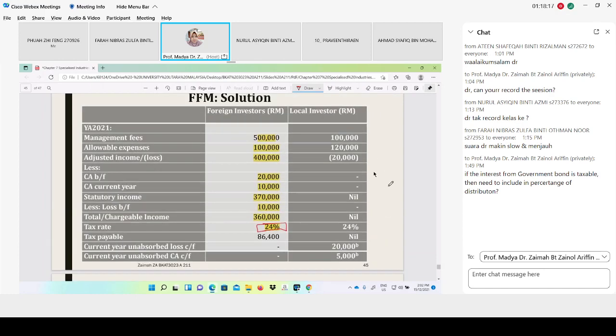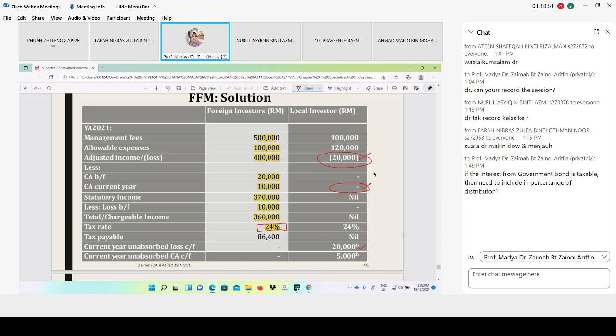Only for your 2021, you have no adjusted income. You got adjusted loss here of 20,000, and you cannot absorb the capital allowance here because there is no adjusted income. So the loss of 20,000 will be carried forward to the following year, that is year of assessment 2022.